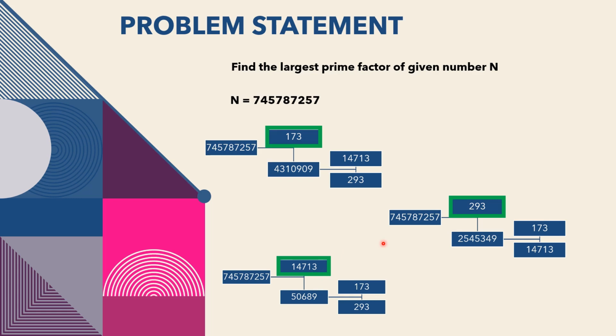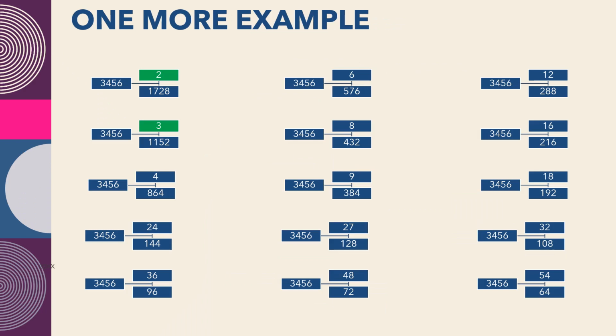Let us check one more example. If you consider this number, 3456, it has so many factors. 2 into 1728 is equal to 3456. 3 into 1152 is 3456, and so on.